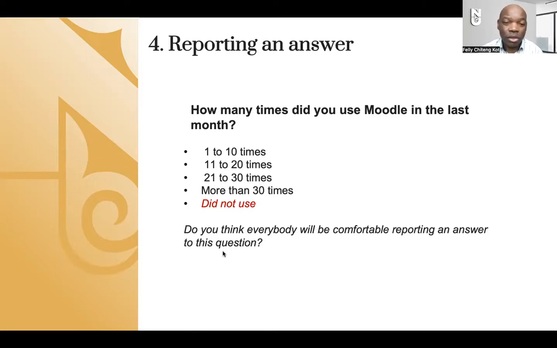Because if they are not exhaustive, you have 1 to 10, 11 to 20, 21 to 30, and more than 30. So this question automatically assumes that all the potential participants used Moodle.